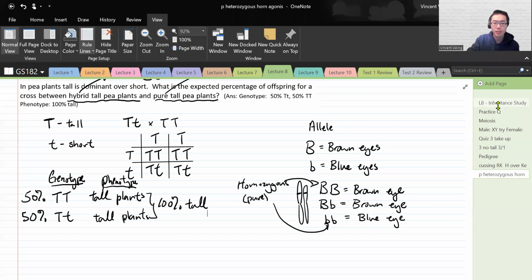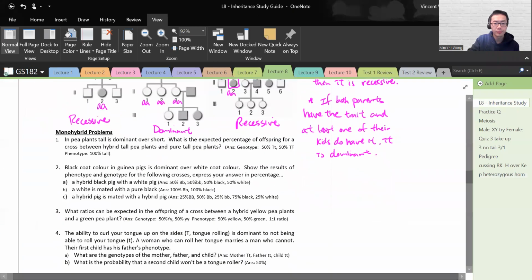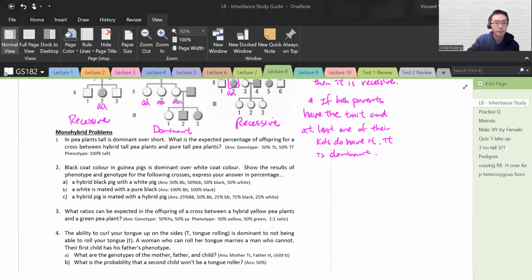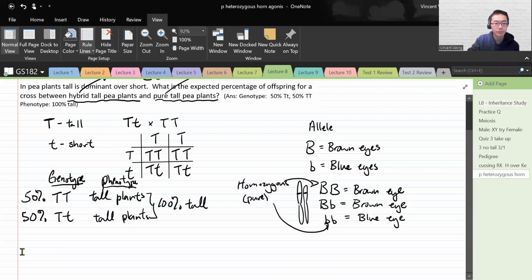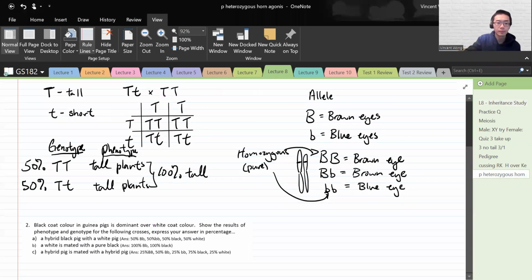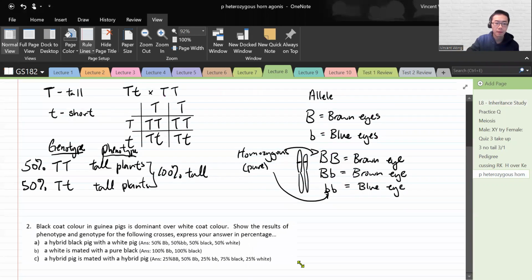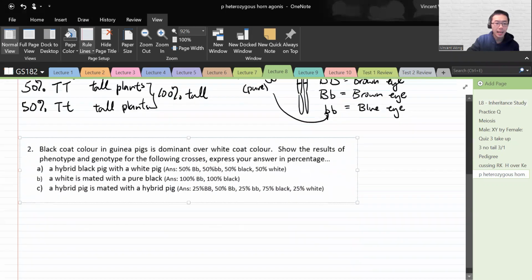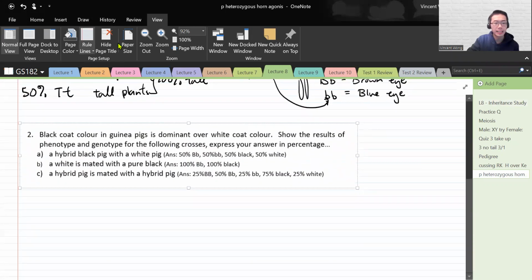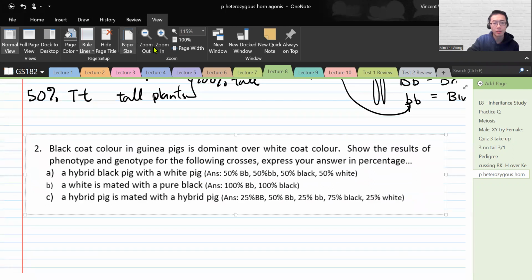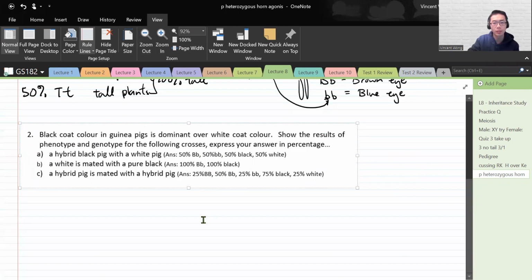Let's try a second question here. Black coat color in guinea pigs is dominant over white coat color. Show the results of the phenotype and genotype for the following cross. Okay.